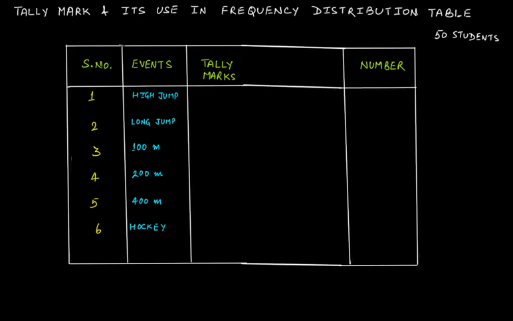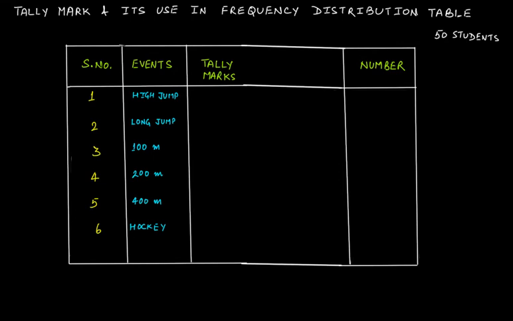Let's say she asks enrollment number 1. Suppose every student has an enrollment number, and starting from the first, the teacher asks, enrollment number 1, in which event do you want to take part? Enrollment number 1 says long jump. Let me take a different color.